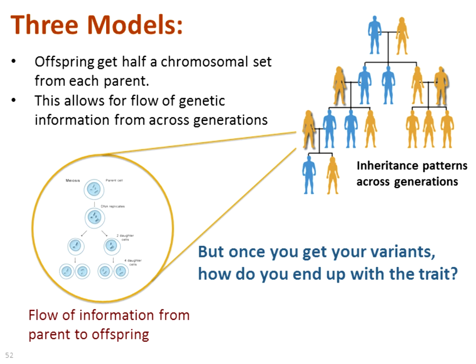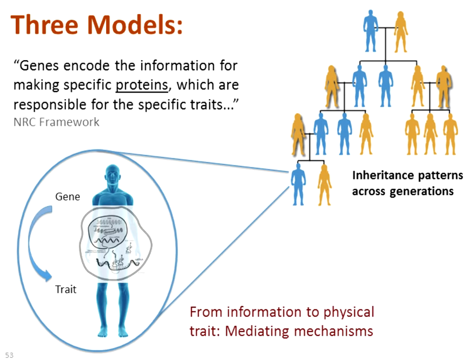This raises yet another question. Okay, fine. So you get your variants. You have your big A and little a. But how does that result in the traits, right? How does big A, little a result in dimples, for example, or in having cystic fibrosis, or a whole number of genetic phenomena? And to explain that, you need to reason within the individual.